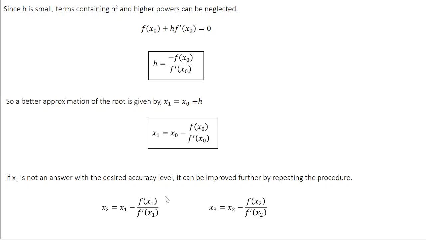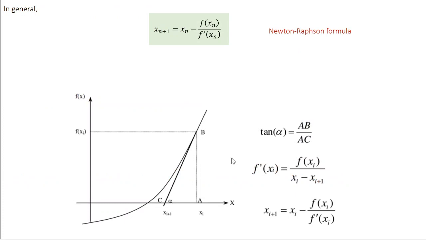If you are still not happy, go ahead and find x3, which is equal to x2 minus f of x2 divided by f prime of x2. So you keep doing that until you reach the desired accuracy level. So in general, xn plus 1 can be written as xn minus f of xn divided by f prime of xn. This is known as the Newton-Raphson formula.